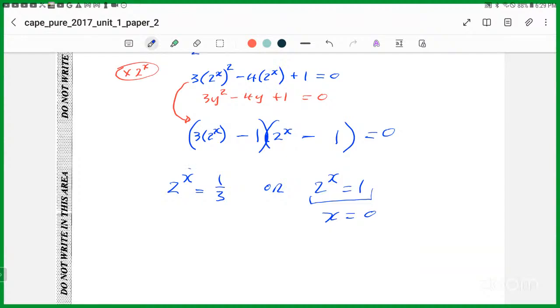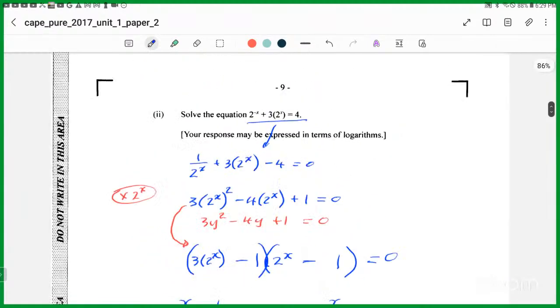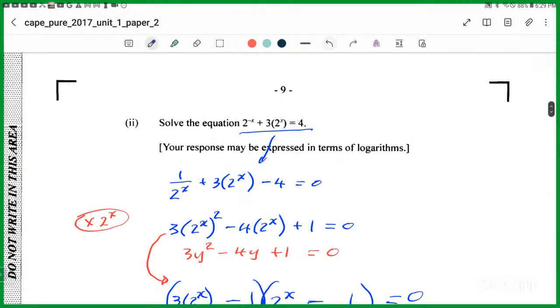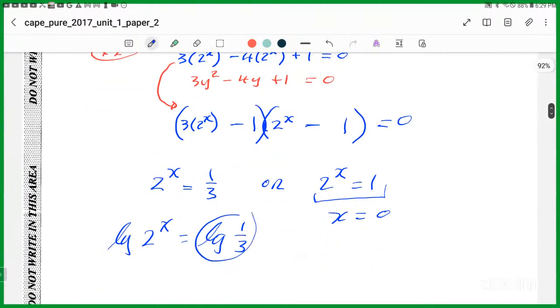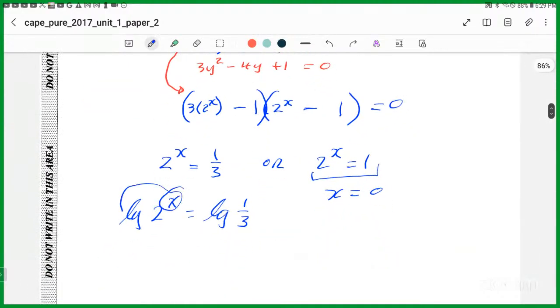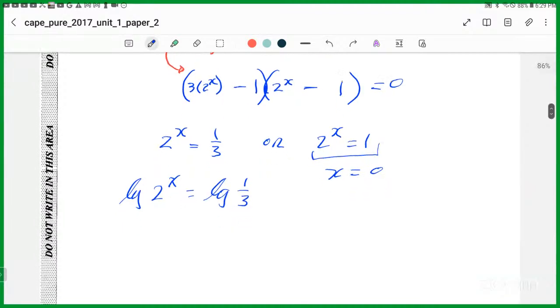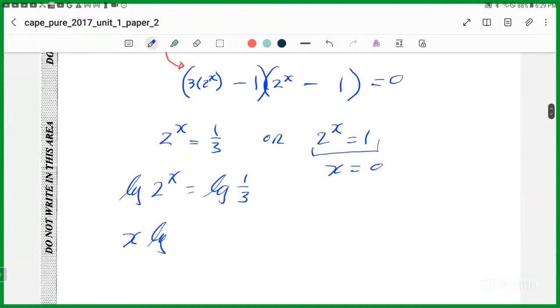Then to get this x out of the power, you take logs of both sides. So I'm going to get the log of 2 to the x equals the log of 1 over 3. Remember the question says you can leave your answers as log. You can leave it. This x comes to the front, and so it becomes x times the log of 2 equals the log of a third.